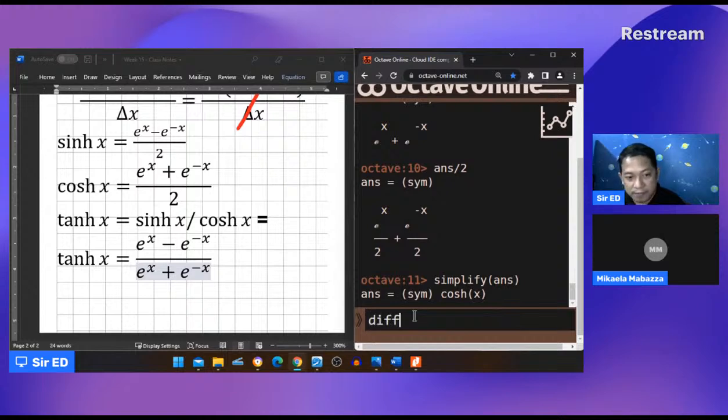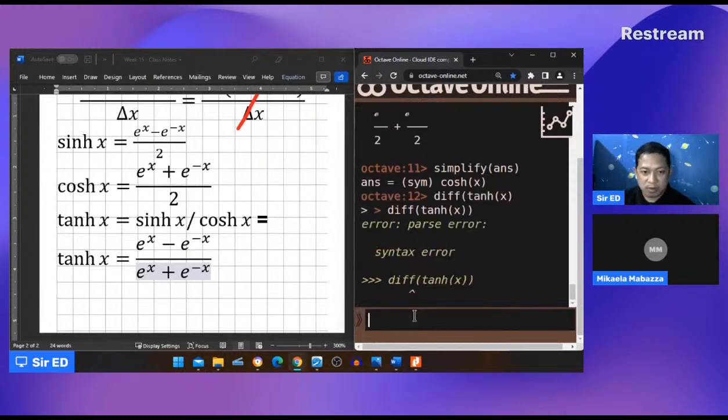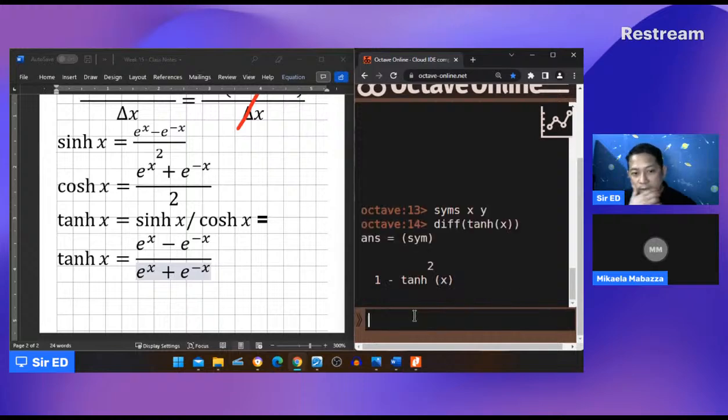Ngayon, pag sinolve mo yung diff of hyperbolic tangent, saka lalabas. Grabe si Octave, oh. Wala na naman. Syntax error na naman. Hindi niya ma-distinguish yung ano. Okay, syms uli natin. Syms x and y and then diff of hyperbolic tangent of x. Ayan. So, ang sagot niya ay 1 minus hyperbolic tangent squared x. No? So, kailangan pang simplify ito.